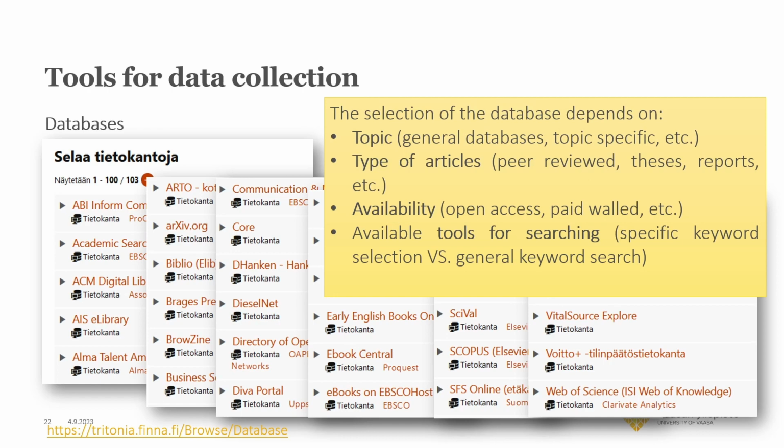Databases also hold reports, so it depends on the type of articles. And also on the availability, because some of them are open access, and some of them, with very good advanced search, are behind a paywall.